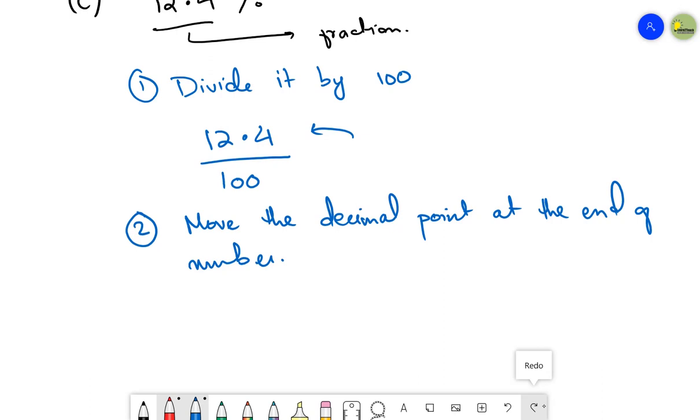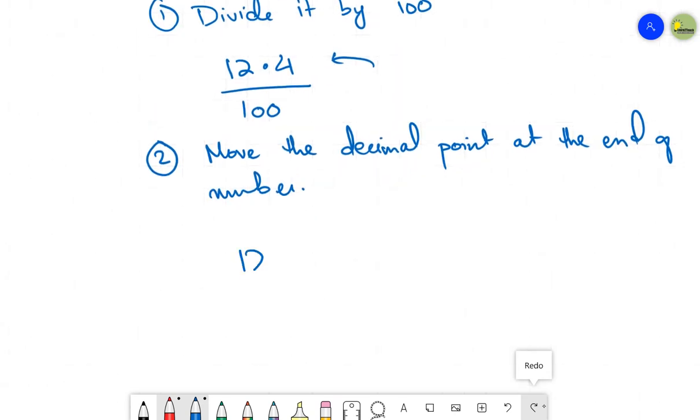In the numerator I have 12.4, and if I want to move this decimal to the end of the number, I need to count how many times I am going to shift this decimal. Since I have only one digit after the point, I am going to shift this decimal only one time, right?